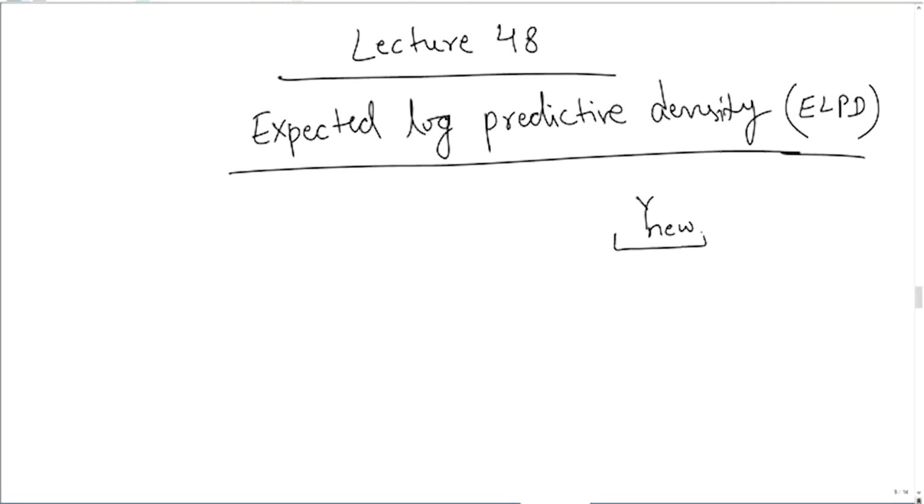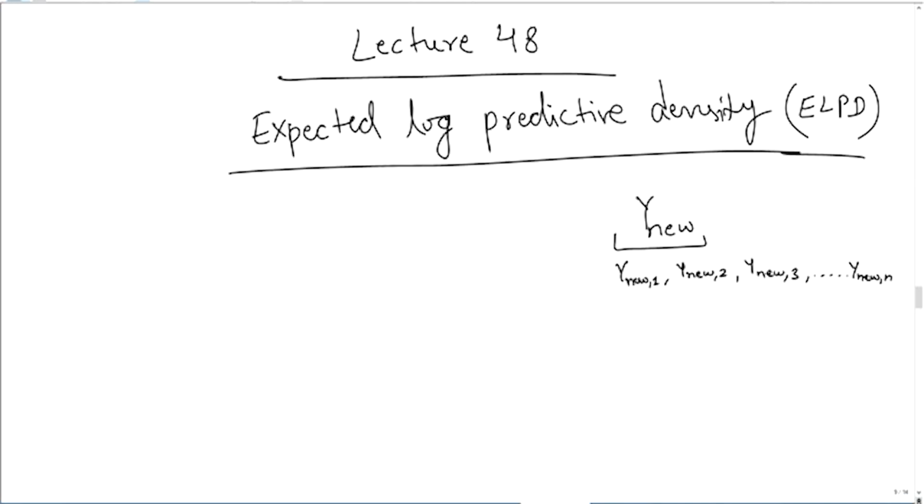Now y new can have multiple data points, by the way. So you can have y new 1, y new 2, y new 3, up to y new n. These are multiple data points in your data set y new. So this is your future data.